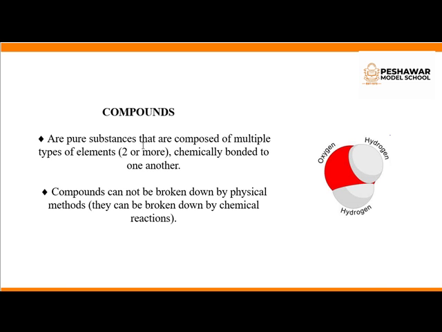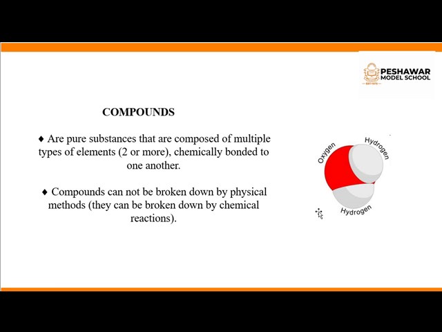You can see over here that this is one of the compounds in which two hydrogen atoms combine with one oxygen atom, and they form a completely different thing which is called water, H2O. So this is an example of compound.